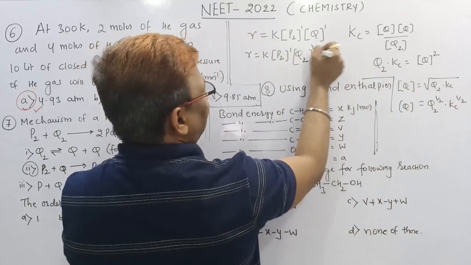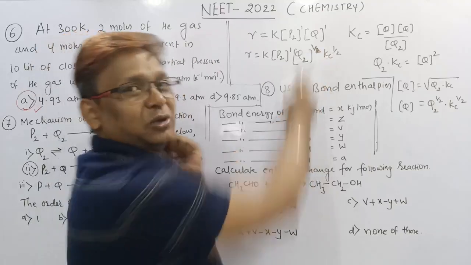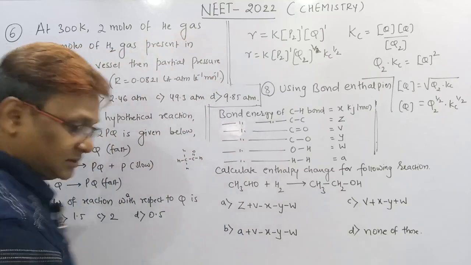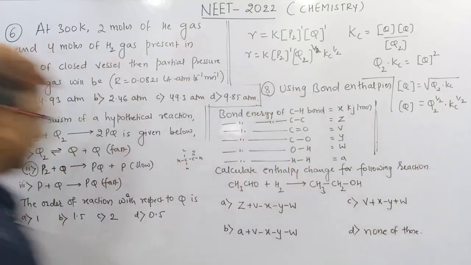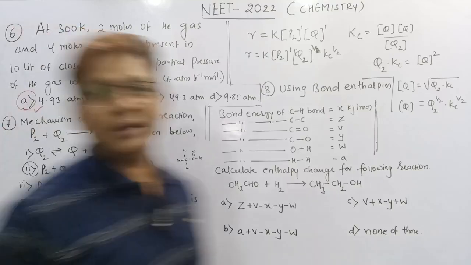As I am getting Q2 to the power of 1 by 2, the order with respect to Q is 1 by 2, that is 0.5. 0.5 means we can say the option will be D. Fourth option is correct here.